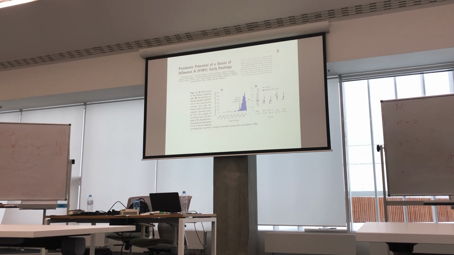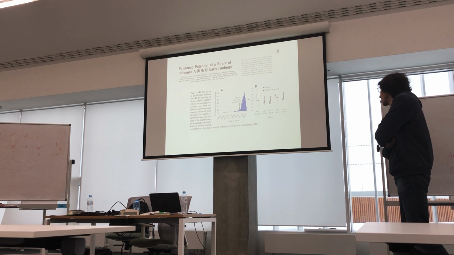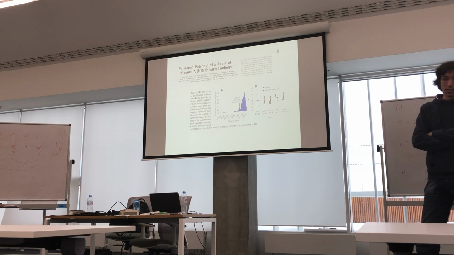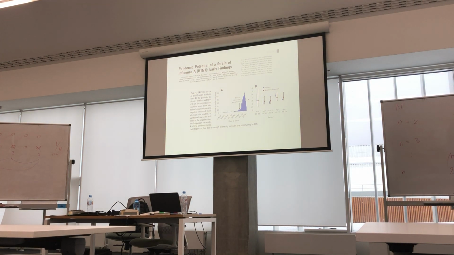Some of you may remember the swine flu scare of 2009. This was the year in which a new subtype of H1N1 influenza arose in the human population, a recombinant subtype that we got from domestic pigs.